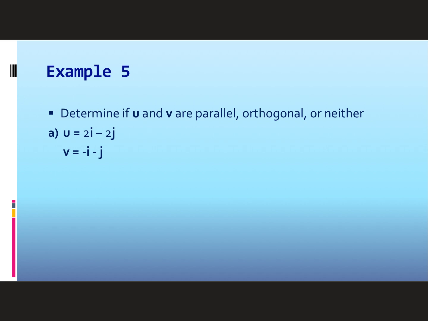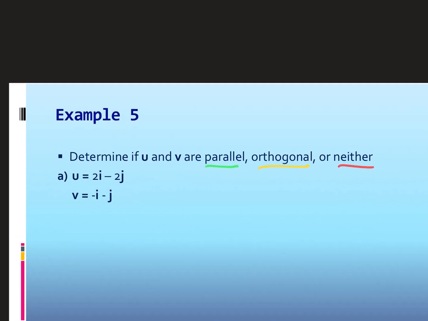Okay, guys, this last slide is asking you to determine if the two vectors are parallel, orthogonal, or it could be neither. It could be none of them. Remember, orthogonal, the dot product would have to equal 0, and that would show that they were met at a 90-degree angle.